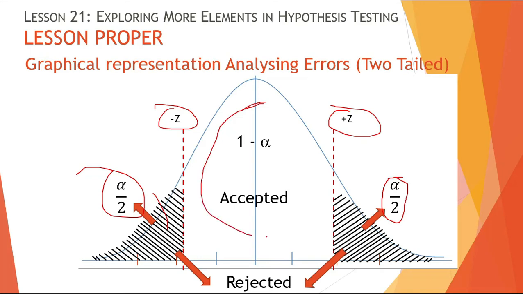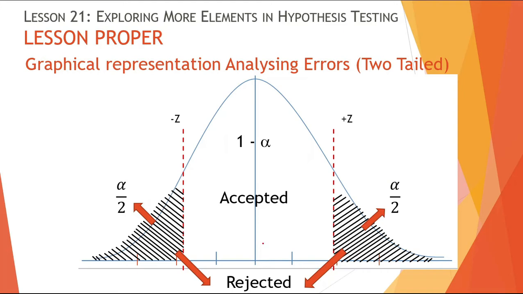Etong parte na to, ang tawag dito ay accepted region. Bakit siya naging accepted region? Kasi tandaan nyo, when we're dealing with hypothesis testing, we are testing if the claim is true or not. So we are testing it not by word but by calculating it.